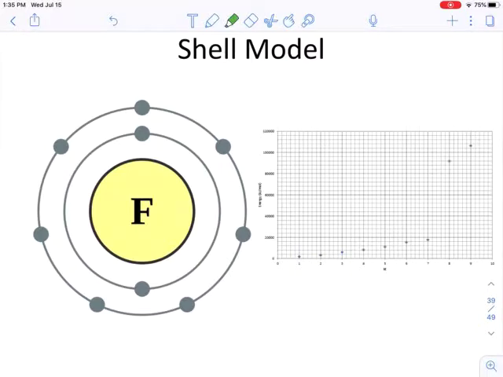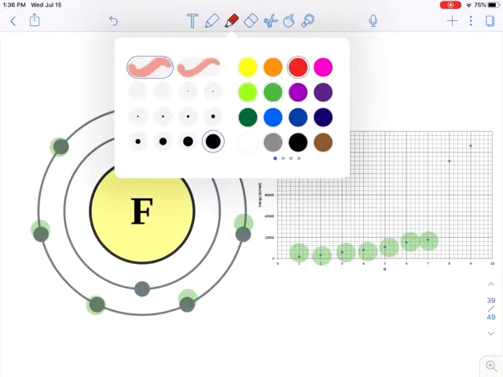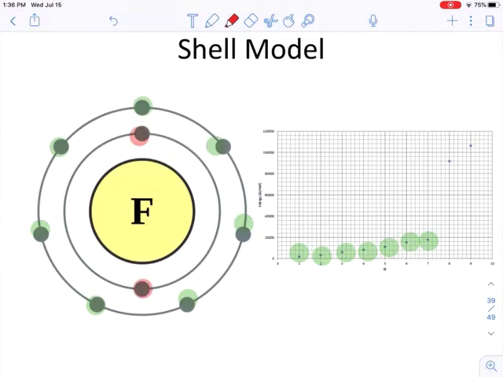So fluorine has 9 electrons. Let's count them: 1, 2, 3, 4, 5, 6, 7, 8, 9. But those 9 electrons are not all equal. Apparently, there are 7 electrons on the outside that are the easiest to take for fluorine, and those are the first ones that we're going to see here. Then I've got 2 more on an inner shell, those 2 up there.